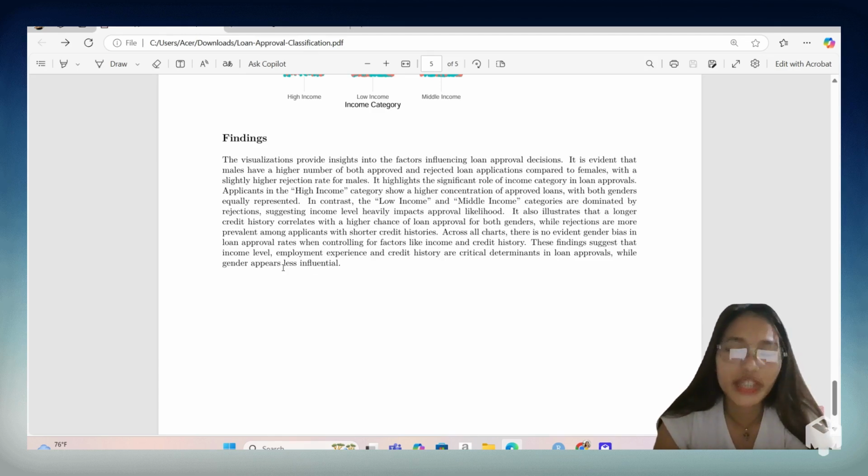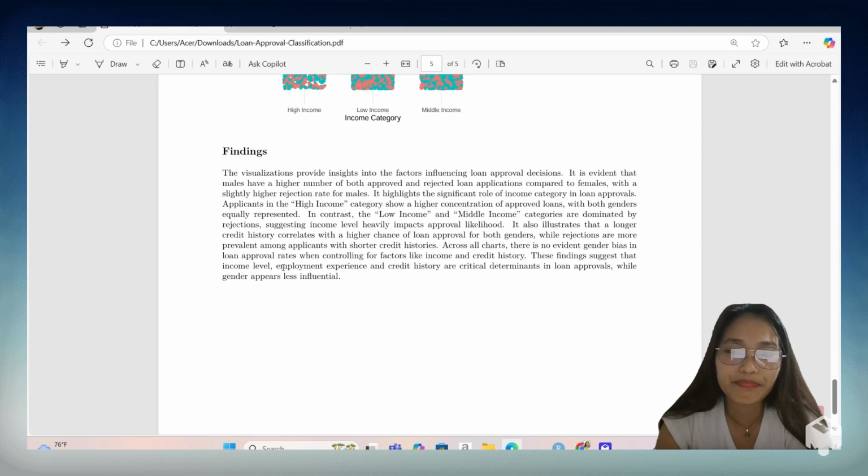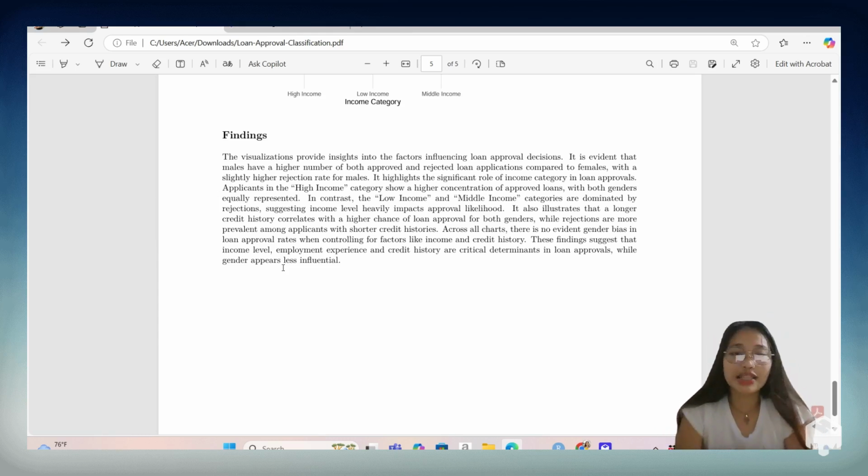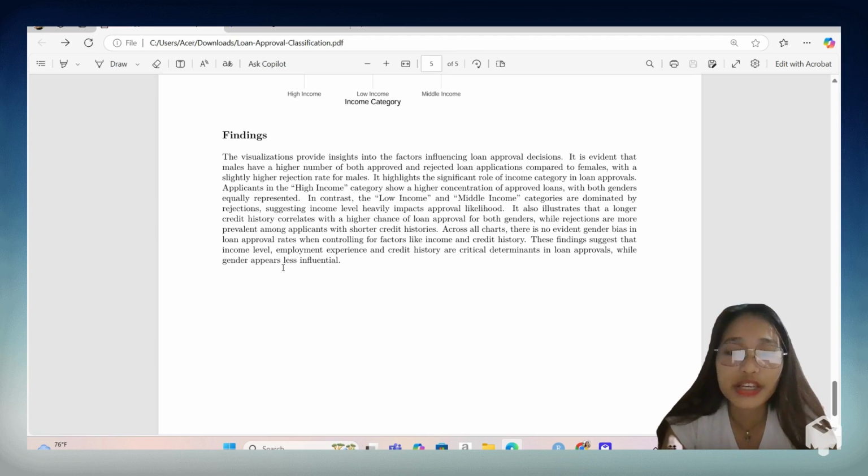On the other hand, those in the low income and middle income groups see more rejection, showing that having a lower income makes it harder to get approved. We also found that having a longer credit history increases your chances of approval for both men and women. However, those with shorter credit histories face more rejections.